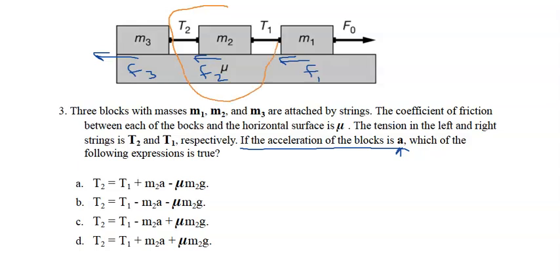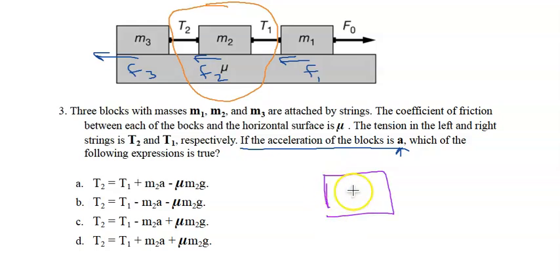So this isn't really a connected objects problem. It's only a connected objects problem in that part of your job is to figure out, am I looking at all three objects, any two combination that are connected to each other, or a single object. And if you look at the options, what they want you to look at is clearly object M2.